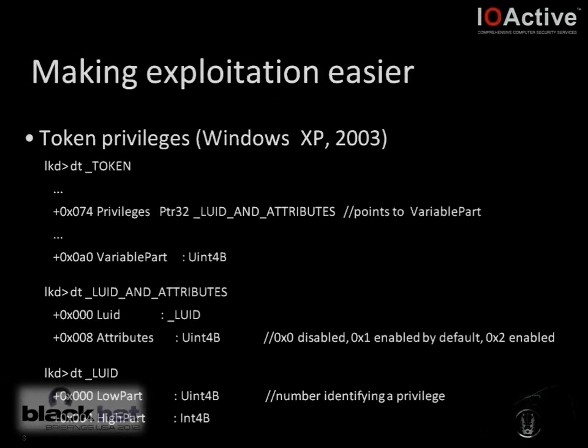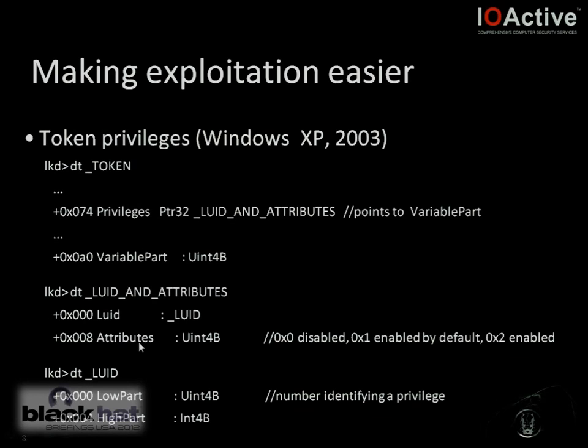So the token structure is different on Windows XP and 2003. Inside the token structure, there is a LUID and attributes structure, which is a pointer that points at the end of the token structure, called the variable part. And there, depending on the amount of privileges we have in the token, we have many LUID and attributes structures.